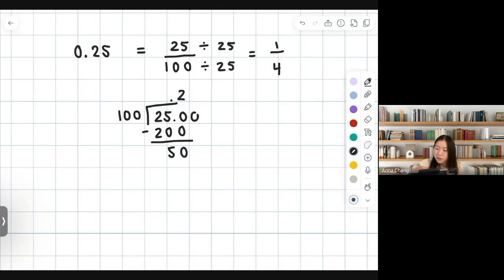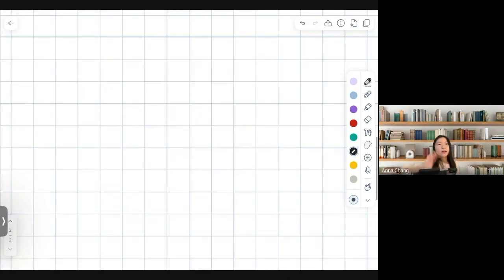And we're going to bring another 0 down. 100 goes into 500 5 times. Subtract, and we're done. As you can see, doing that division here shows us that 25 divided by 100 is indeed 0.25. Let's go ahead and review some decimal operations.